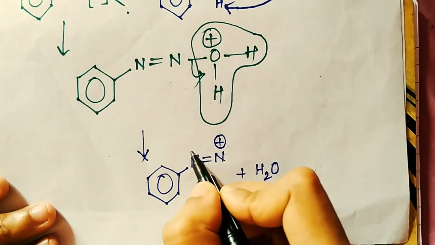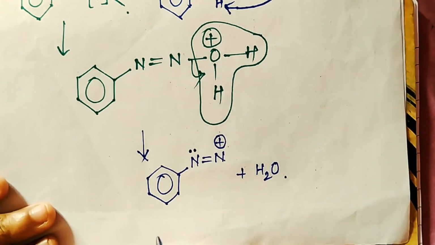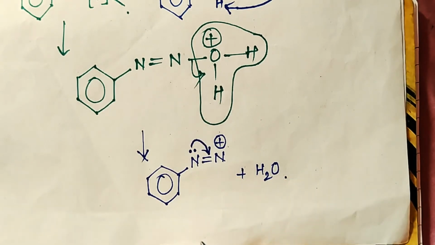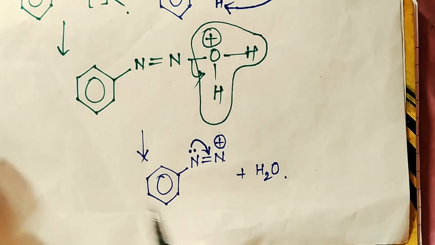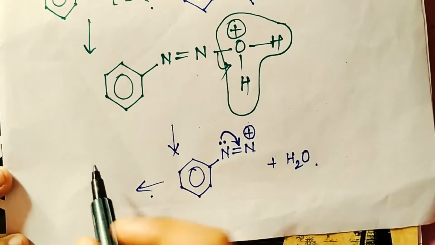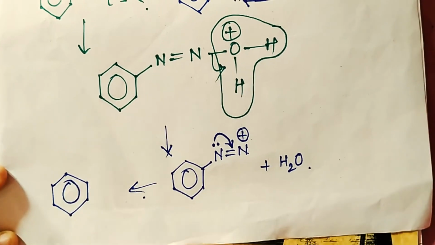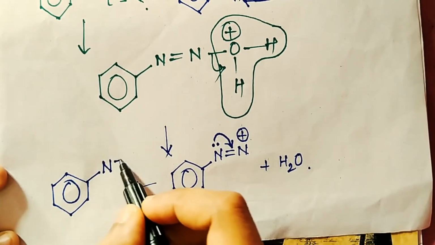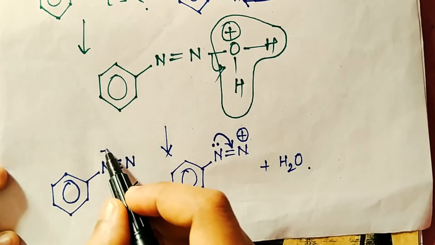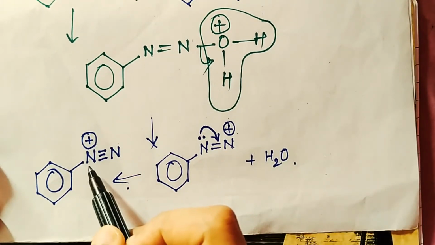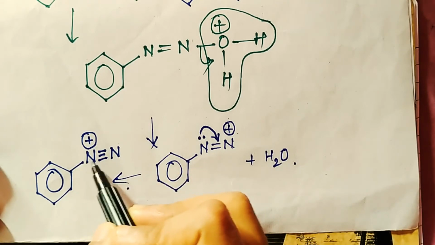Now on this nitrogen atom a lone pair is present, so it will go here to make a triple bond. So then this is the benzene ring, and here is the triple bond and the positive sign.